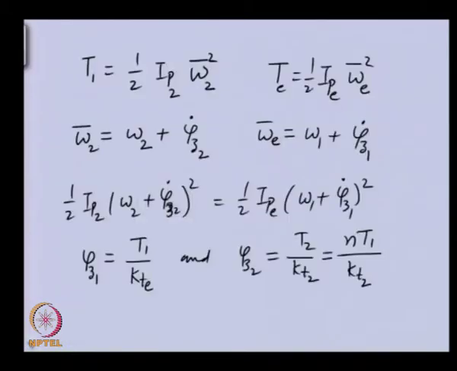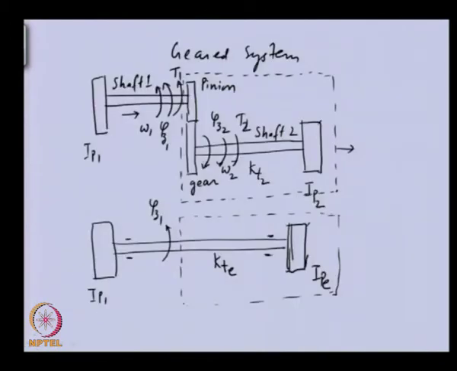Once we have done this, you can see that now we know this particular shaft, if it has stiffness KT1. So, these two shaft segments are connected in series.